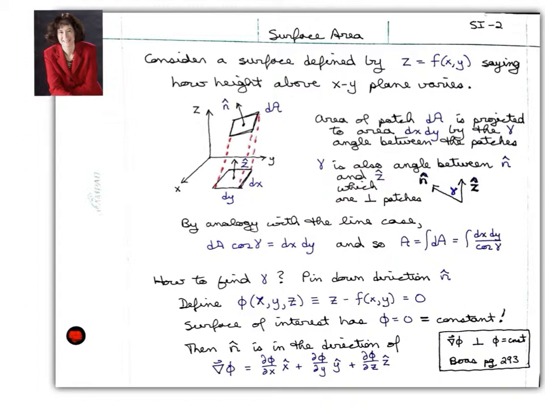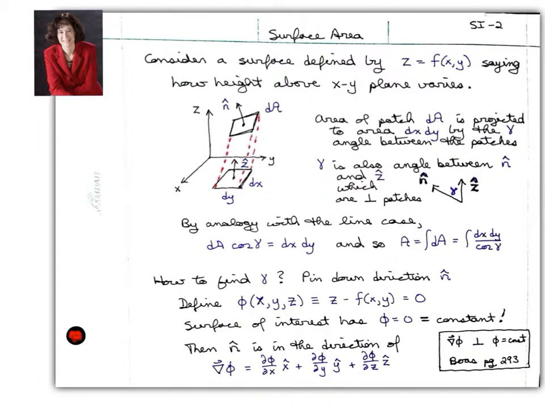But for a surface that is described by a constant scalar function, the gradient of that function is always perpendicular to the direction of that surface phi at any point, as the book kindly reminds us.